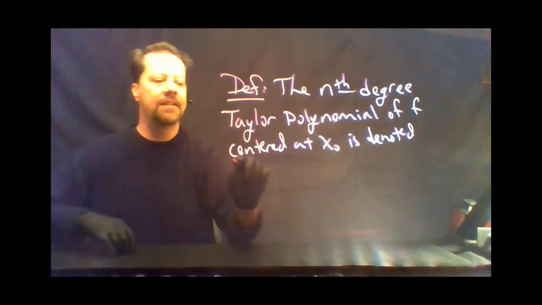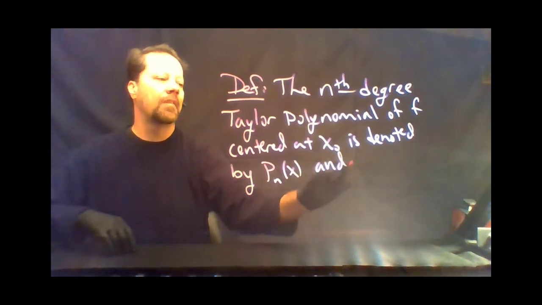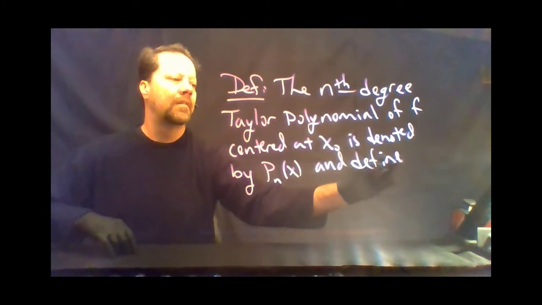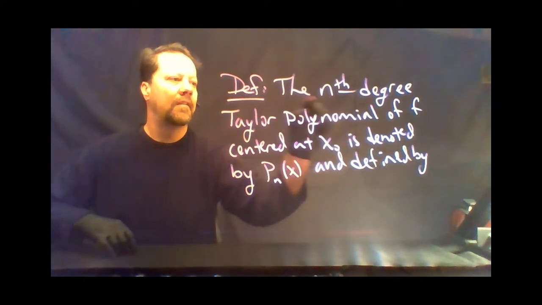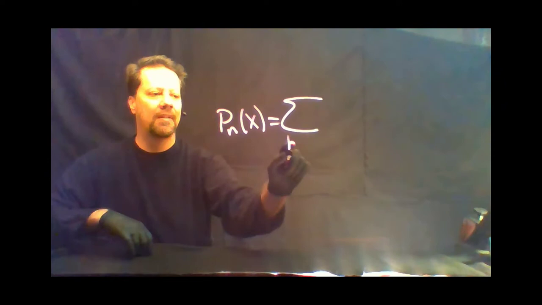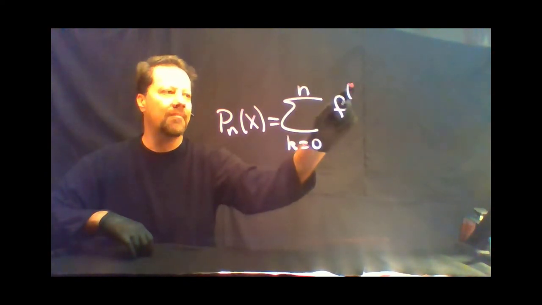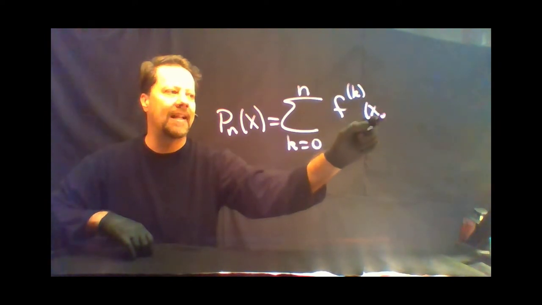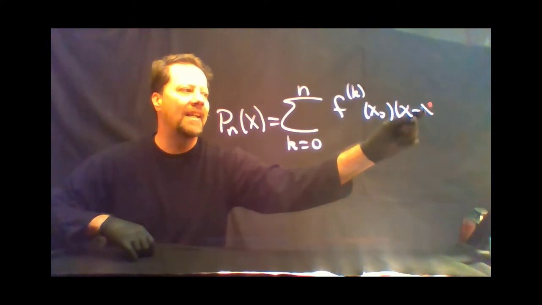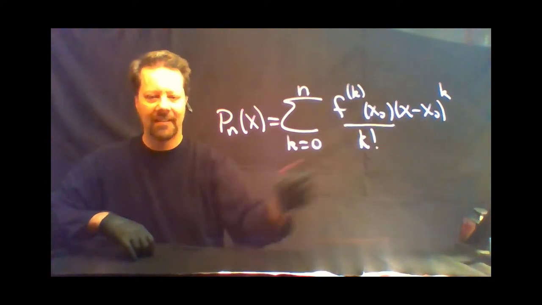First of all, it's denoted by Pn of x. The nth degree Taylor polynomial centered at x0 is the sum, as k goes from 0 to n, the kth derivative evaluated at x naught times x minus x naught to the power k over k factorial.